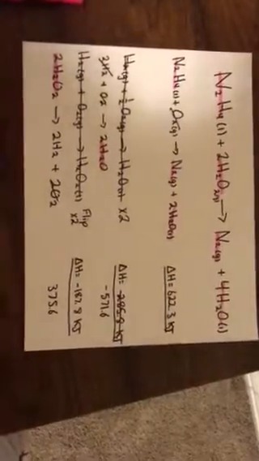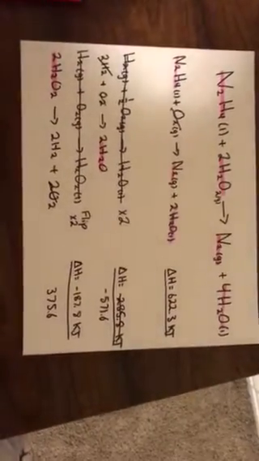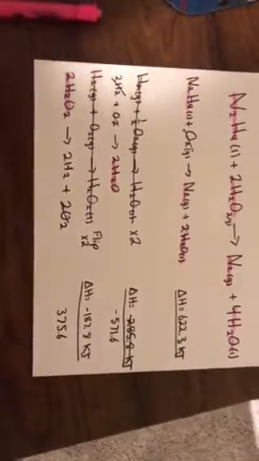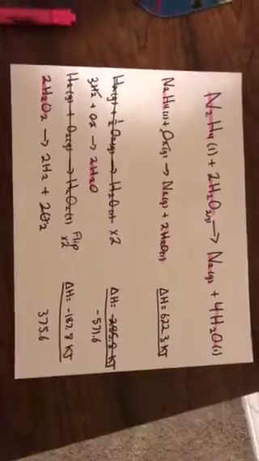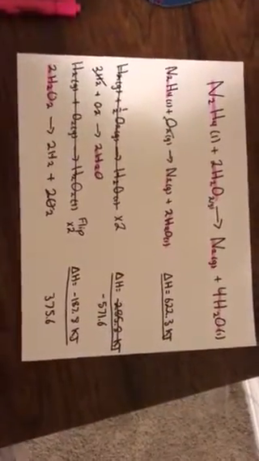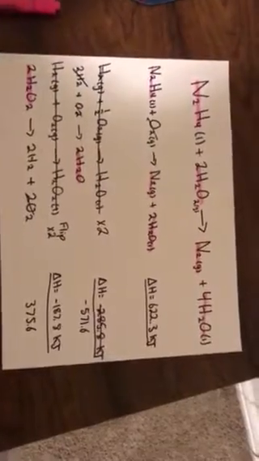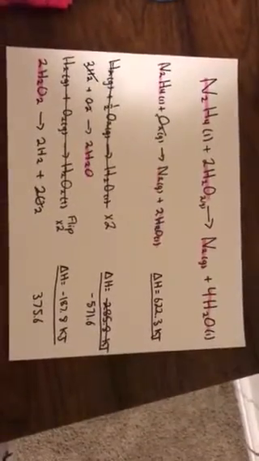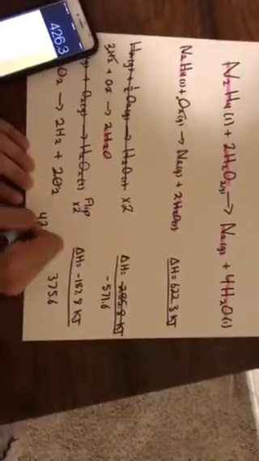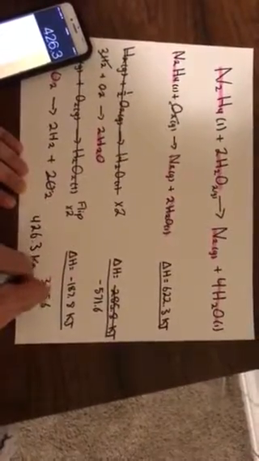So we get 375.6 plus negative 571.6 plus 622.3, which then gives us 426.3 kilojoules.